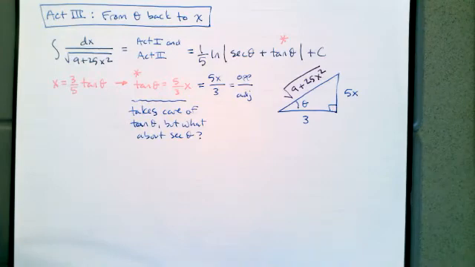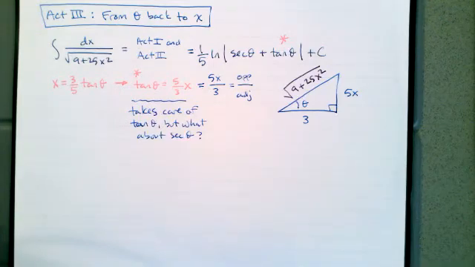So we identify the opposite, adjacent and fill in the hypotenuse. If you're looking at this and saying, isn't this what started this whole process? Yeah, this is what started the whole process.